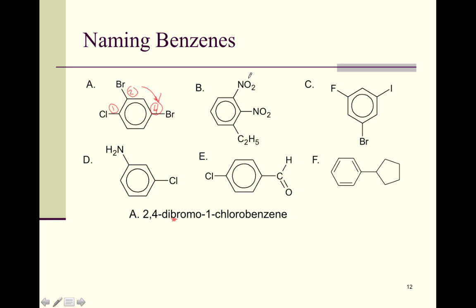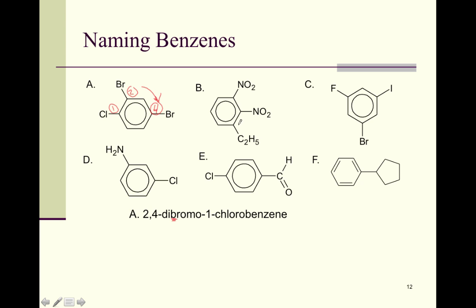Okay, on letter B, we have all of these having equal priority again. So we have a 1, 2, 3 situation if I go clockwise. If I start down here and go the opposite direction, I also have a 1, 2, 3 situation. So how I break the tie is alphabetical. This NO2 is a nitro group, and C2H5 is an ethyl group.